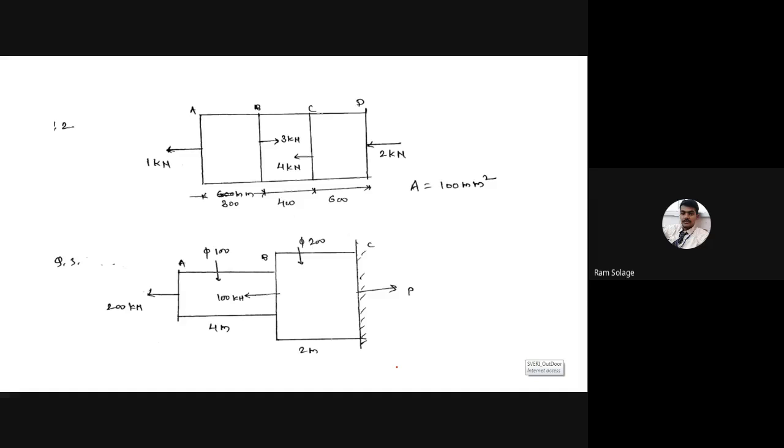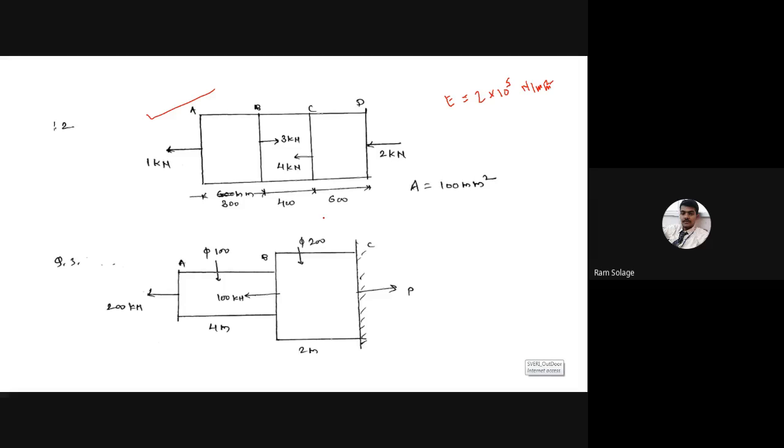Calculate deformation of the bar. Take capital E is equal to 2 into 10 raised to 5 Newton per mm square. Draw this diagram.